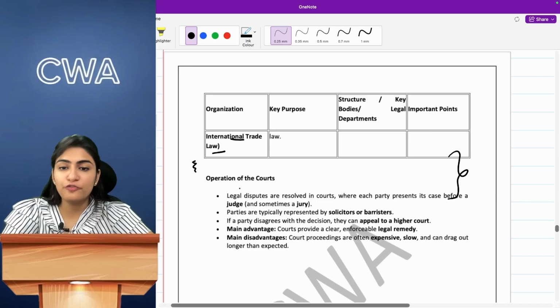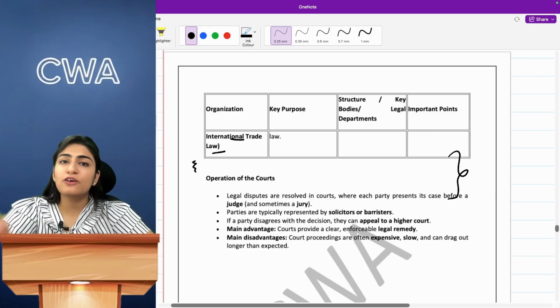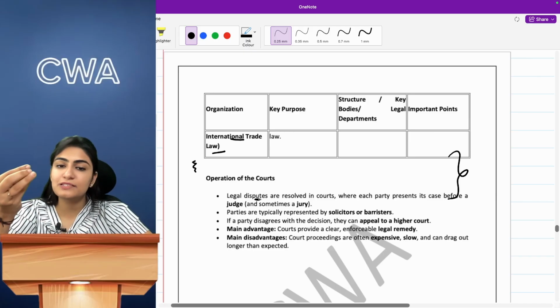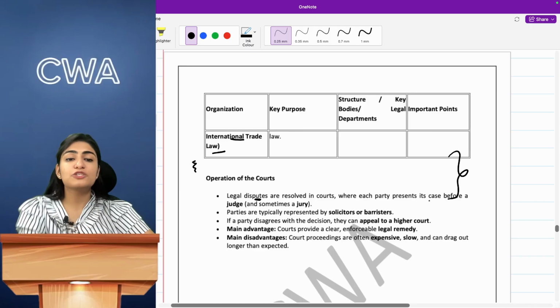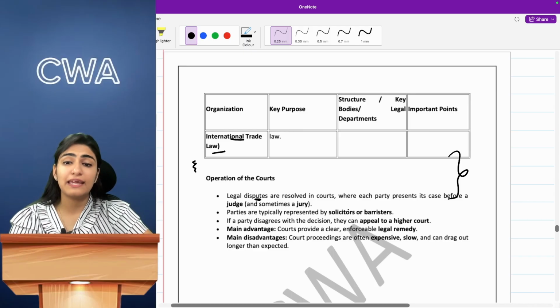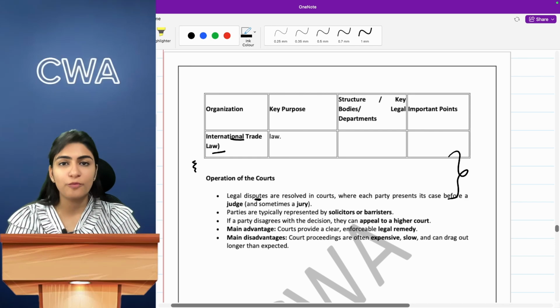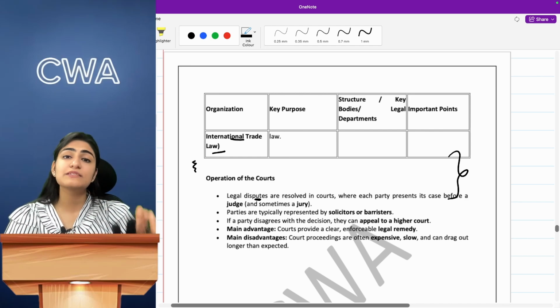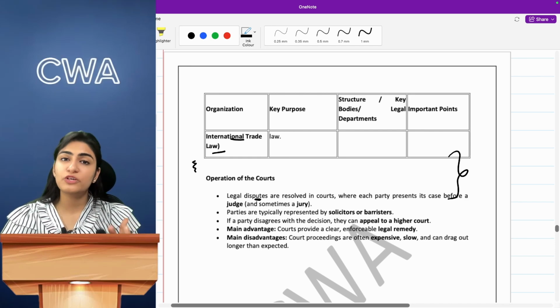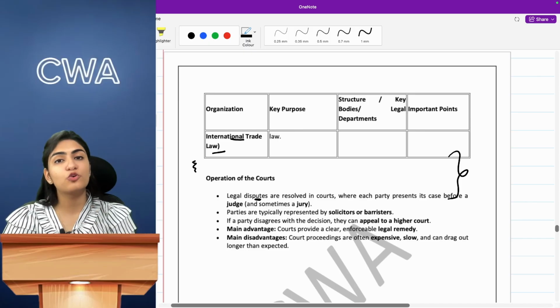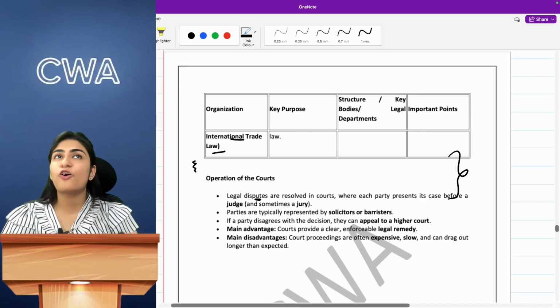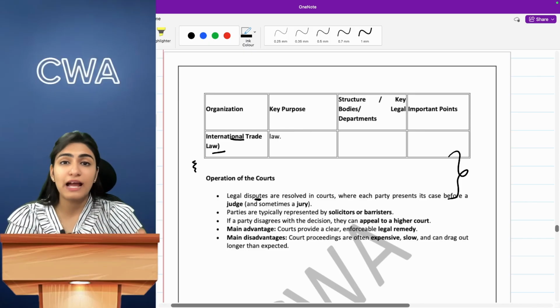Now, the operation of courts. A court is where legal disputes are resolved, where each party presents their case before a judge. Court is something very common. I'm assuming you know it is basically where people go if any dispute has happened. It's a very common line that if any wrong thing happens, they say, I'll see you in court.